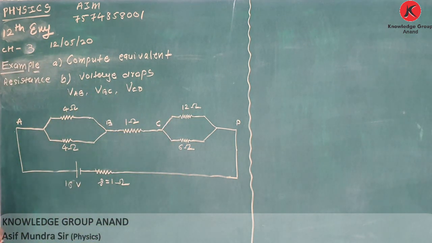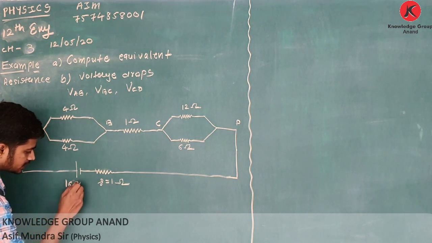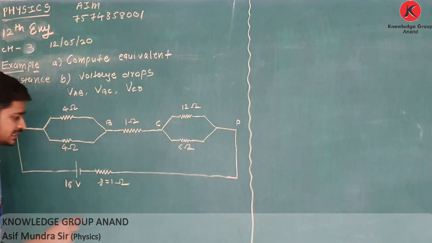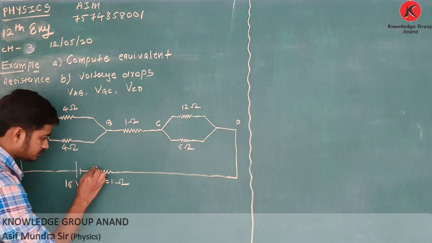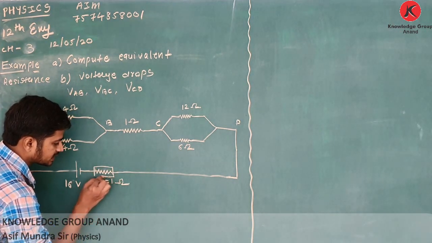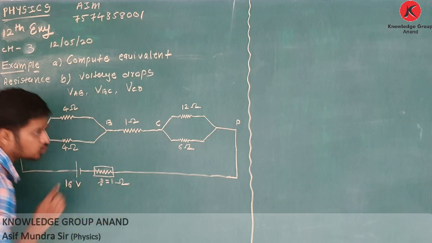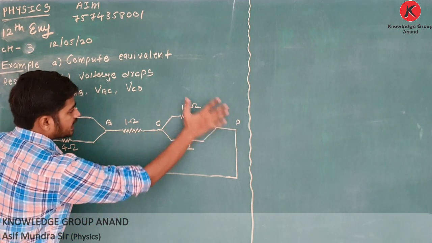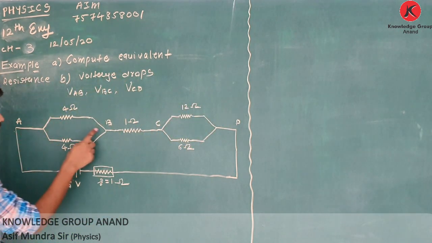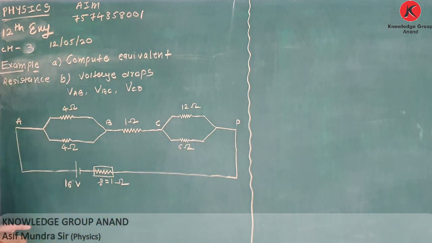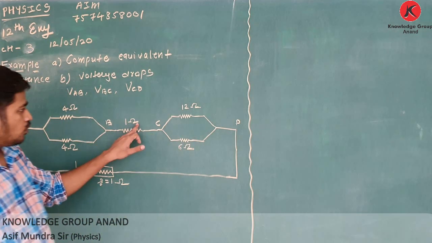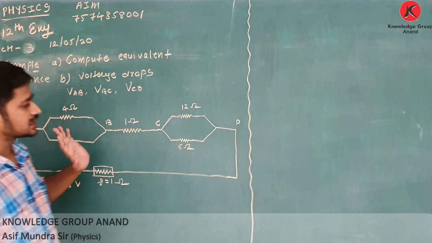It is a battery having EMF 16 volt. Its internal resistance is 1 ohm, indicated as small r is equal to 1. And these are external resistances between points A, B, C, and D: 4 ohm, 4 ohm, 1 ohm, 12 ohm, and here 6 ohm.